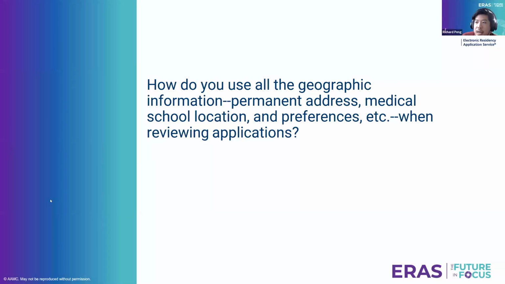Awesome, thank you. And I know there were a few questions about how they might show preference to locations when they don't necessarily have connections to the area. Would this be one way to do that if it's not another part of the application? Yeah, I mean, geographic preferences are useful for that. Another caution, there's a state in my region, so Idaho is in the same region as Arizona.